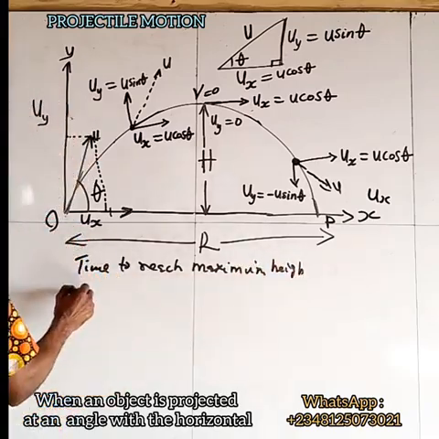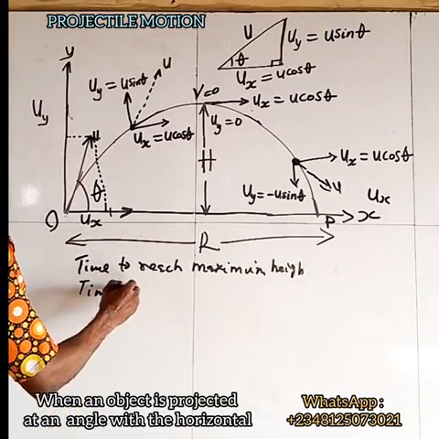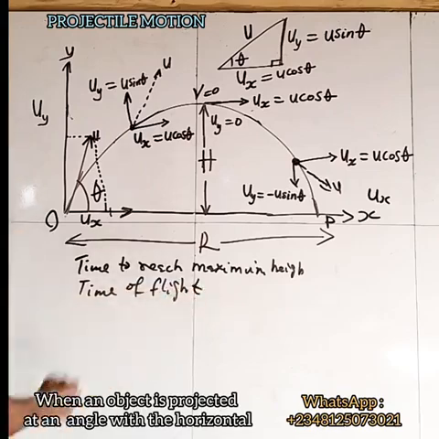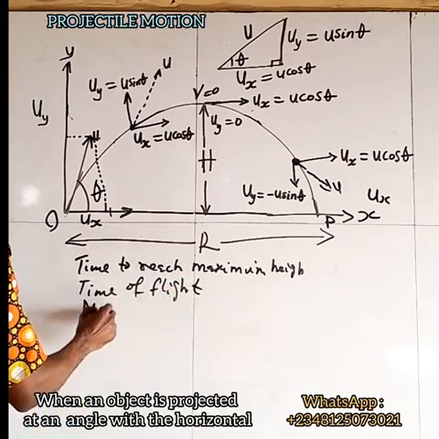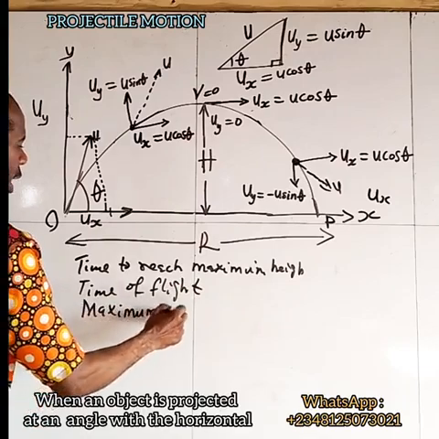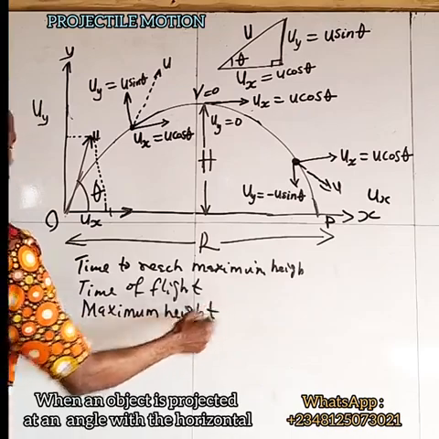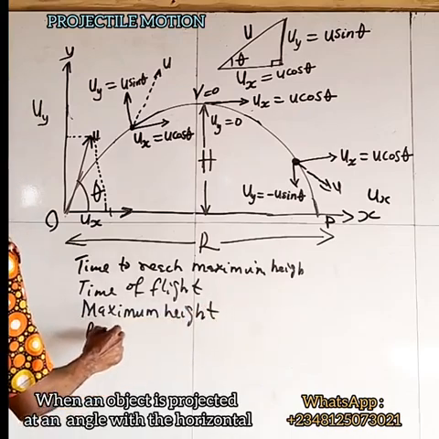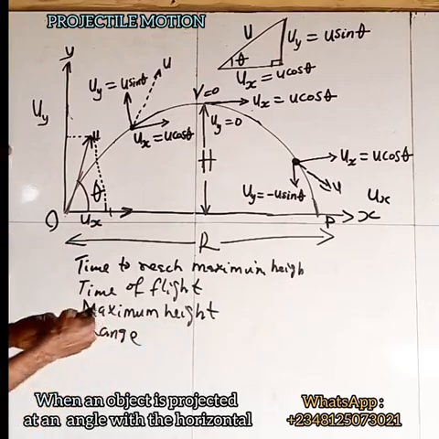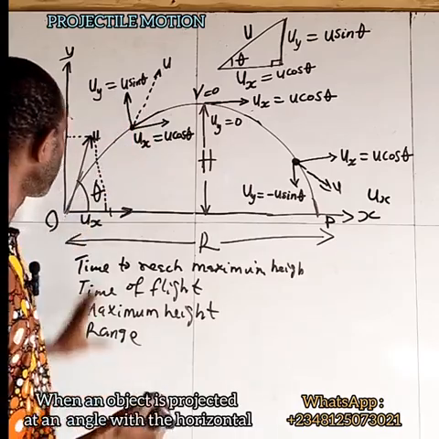And also time of flight. Then we also know the maximum height itself. So let us look at how we get the formulas. Maximum height and also the range. This range, which is the horizontal distance. So let us look at how we can derive it from this.